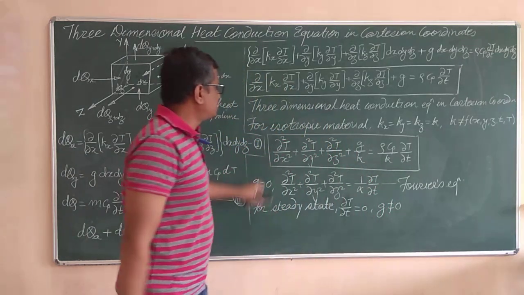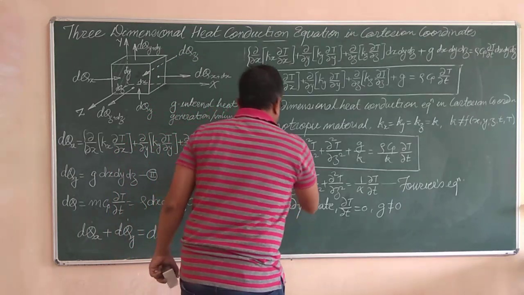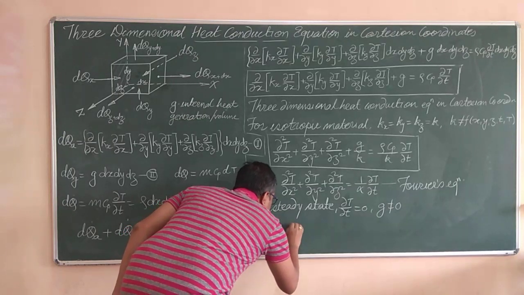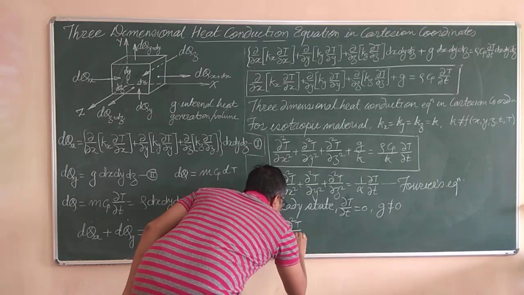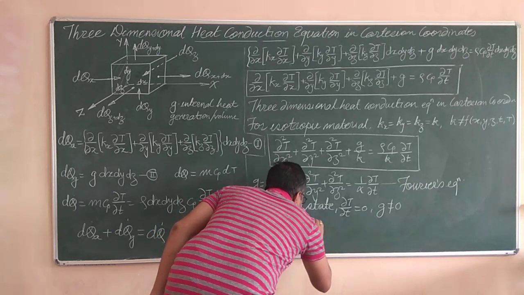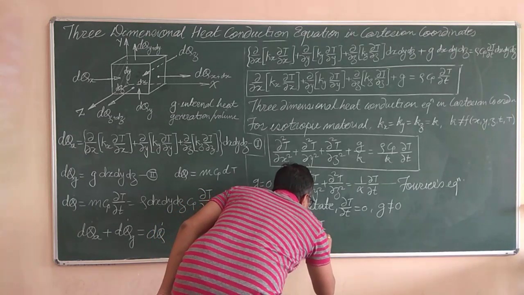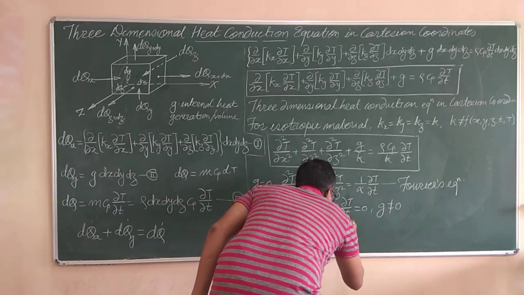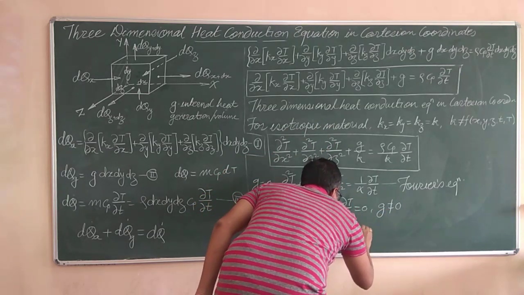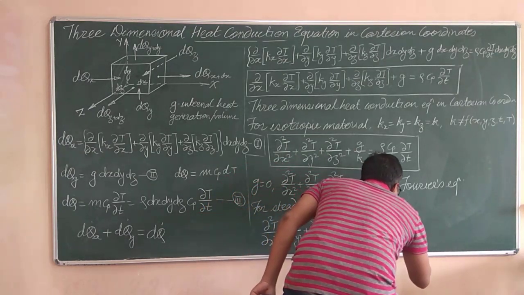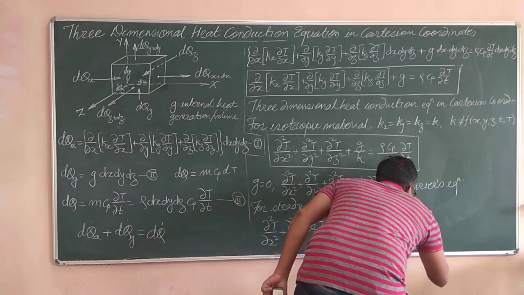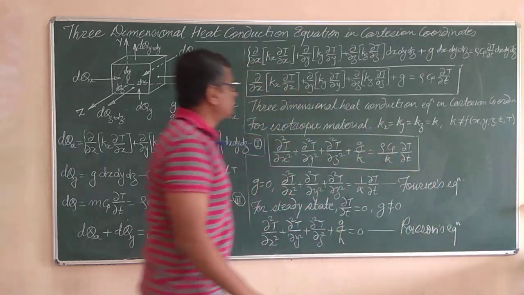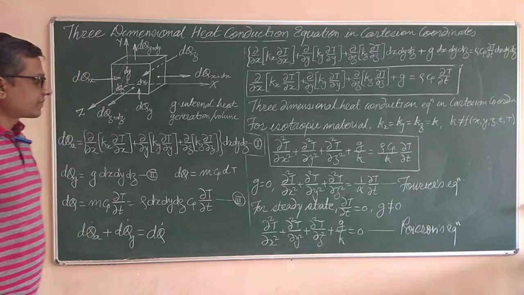Under such condition, this equation reduces to one more form: ∂²T/∂x² plus ∂²T/∂y² plus ∂²T/∂z². Now we have considered g is not equal to 0, so it will be plus g by k equals 0, and this equation is known as Poisson's equation, right?